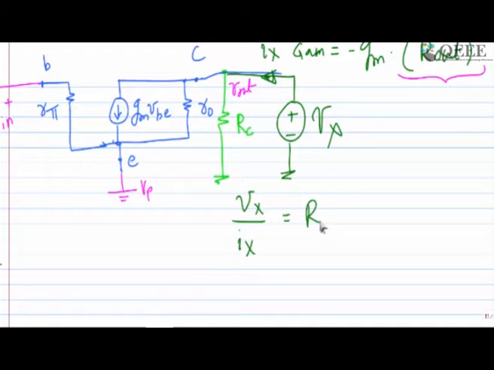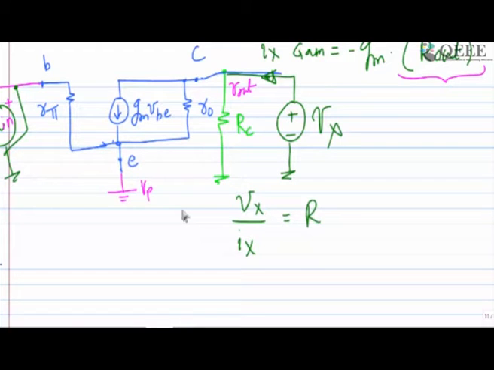And when I am doing this, my input source, or all the independent sources, should be shorted or grounded, wherever they are connected. This is the main tagline when you are doing resistance analysis.